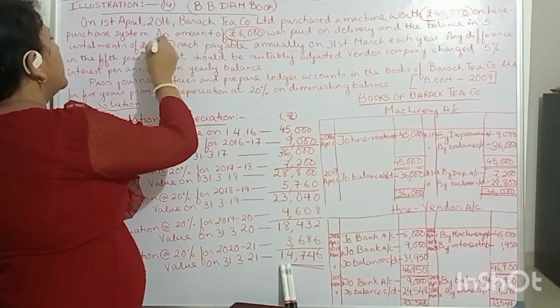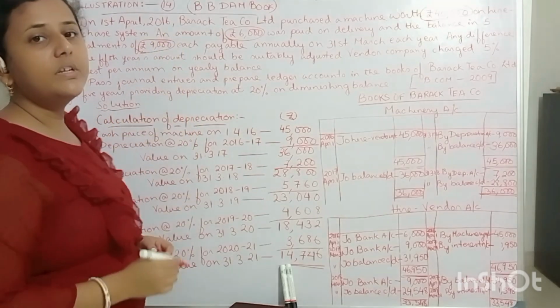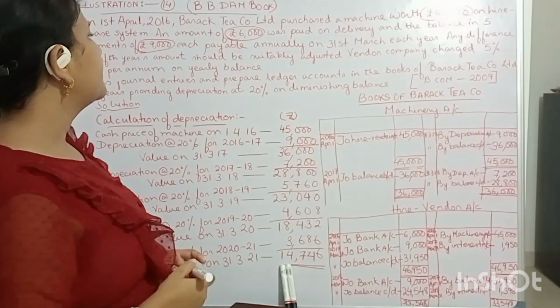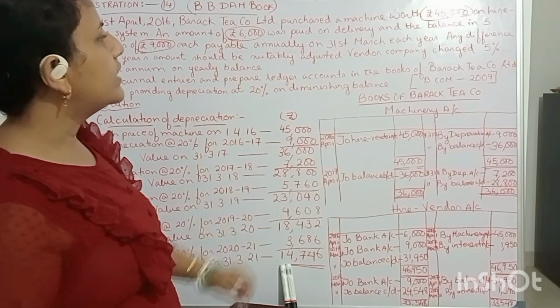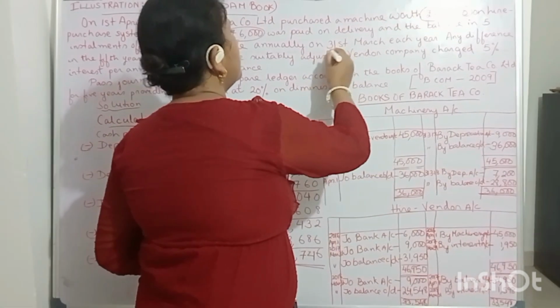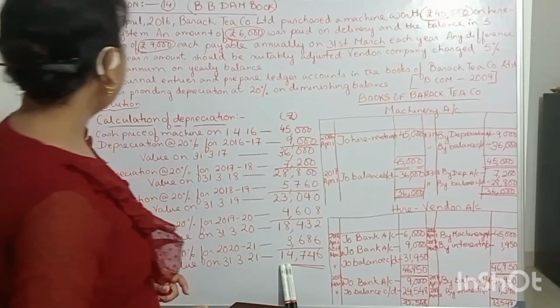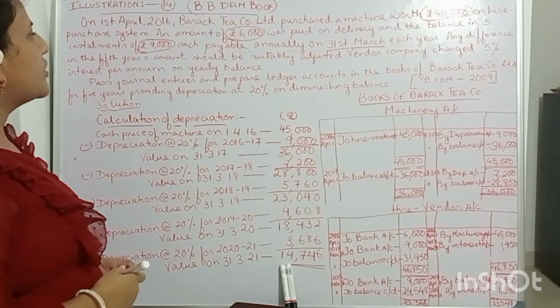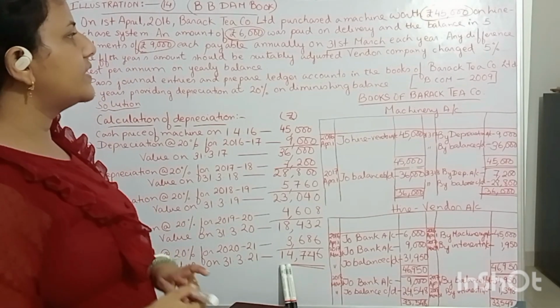And the balance in 5 installments of rupees 9,000 each, payable annually on 31st March each year. Any difference in the 5th year's amount should be suitably adjusted.